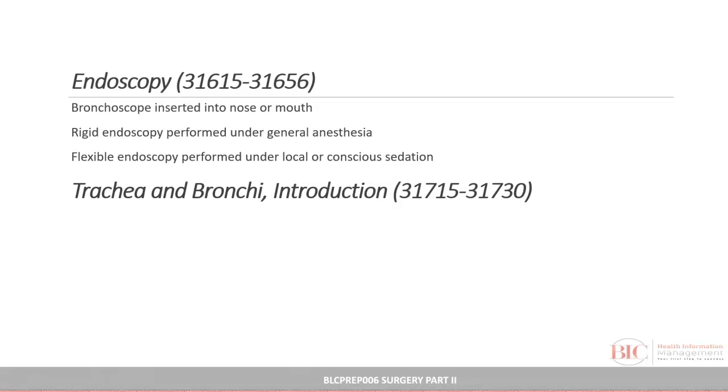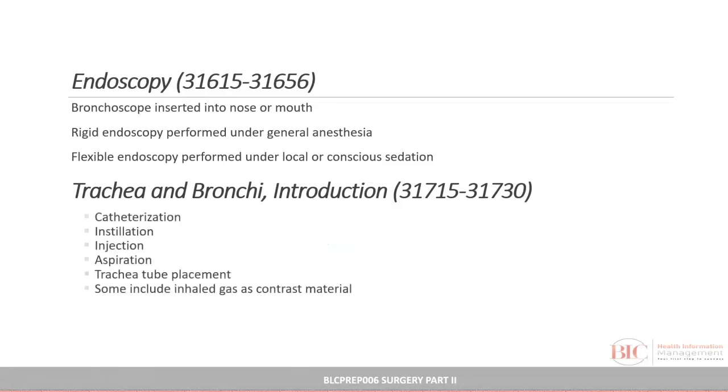So any introduction into the trachea or bronchi, your range of codes are going to be 31715 to 31730. Here you will find your catheterizations, your instillations, any injections or aspirations, trachea tube placement, and some include inhaled gas as a contrast material.